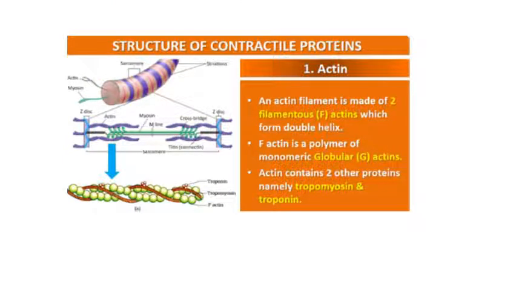Now let us study about actin filament. So an actin filament is made up of two filamentous actins which form a double helix like in DNA. F-actin is a polymer of monomeric globular actins, and the actin contains two other proteins which are tropomyosin and troponin.